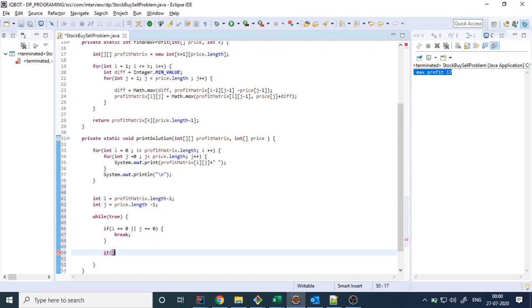And if profit matrix of i and j minus 1 equal to profit matrix of i j, what is the meaning of this? This means that j equals j minus 1.